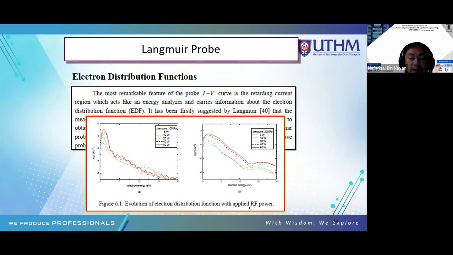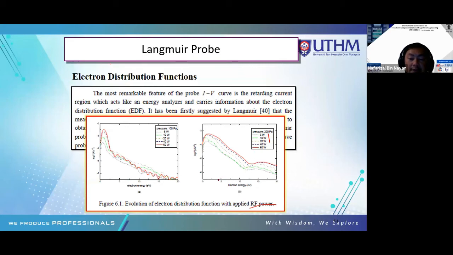This is the example where they apply a different power. For example, they use RF power, and then they supply different power, and then they can see the electron distribution function. We can see from this result here. When we change the power from 5 watt up to 60 watt, we can see the distribution of the electron is increasing.